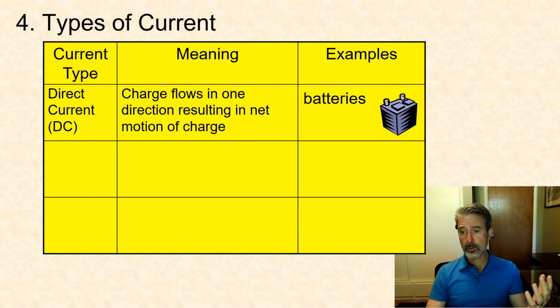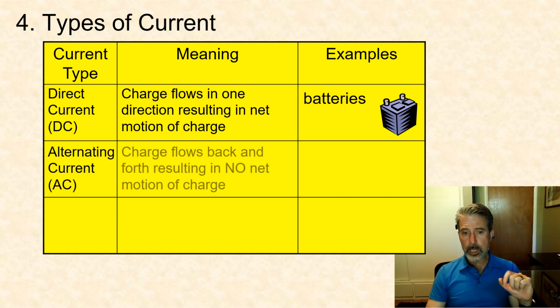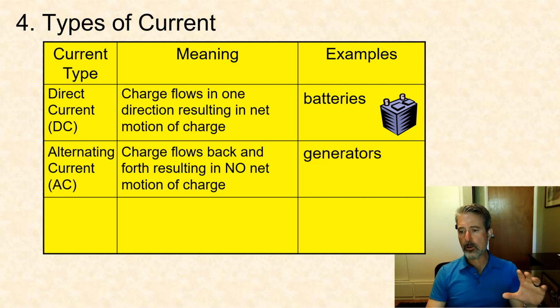The other type of current that we commonly come across in our everyday living is what we call alternating current, or AC. For this type of current, charge flows back and forth, resulting in no net motion of charge. So this is the type of current that we typically get with a generator supplied by a power company.